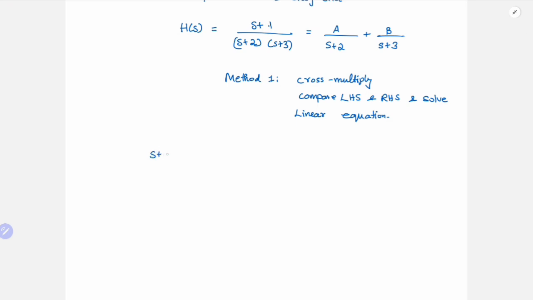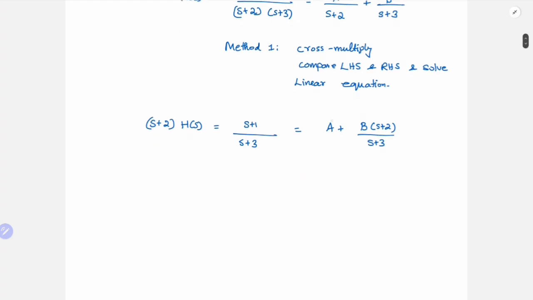For that, let us see what happens when I multiply each of these separately with H(s). So what happens? I get s plus 1, my s plus 2 goes away, I'll just have s plus 3. And this side I'll get A plus B into (s+2)/(s+3). Now I want to find A, so I have to eliminate B. For that I'll substitute s equal to minus 2.